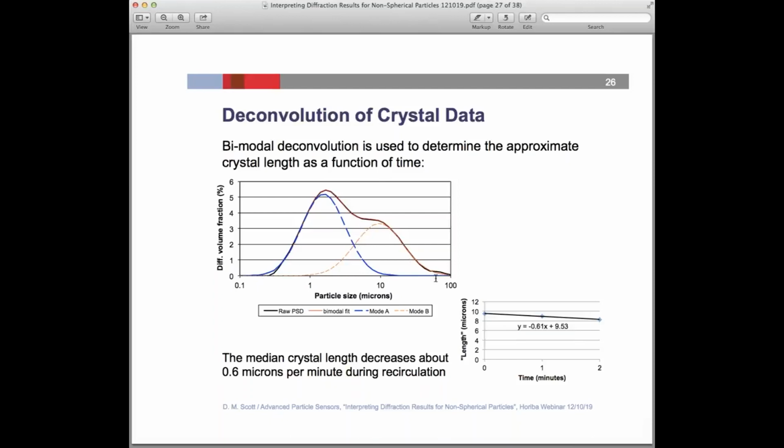Those add up to the bimodal fit, which is pretty much the original graph. What this allows me to do is to determine what the crystal length is as a function of time. In this plot, I'm just showing the length, and this is in quotes because it's an estimate, but the length in microns is decreasing as a function of time.